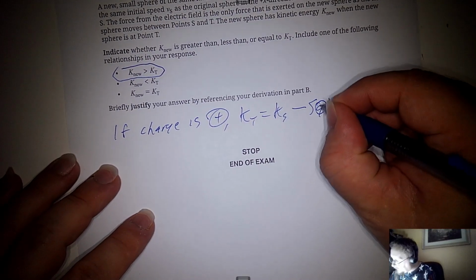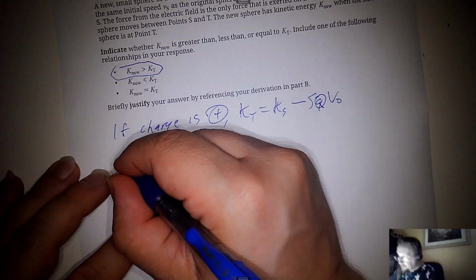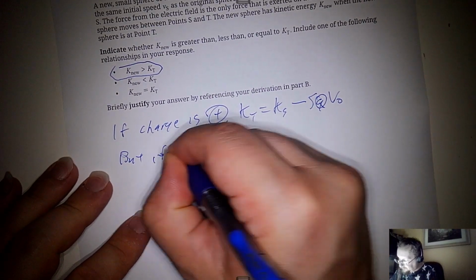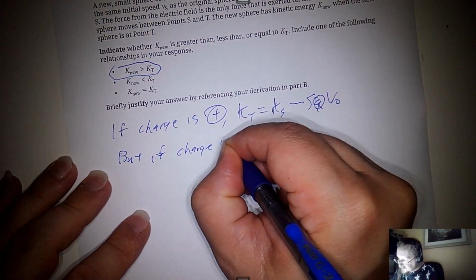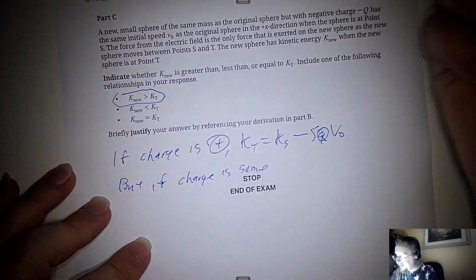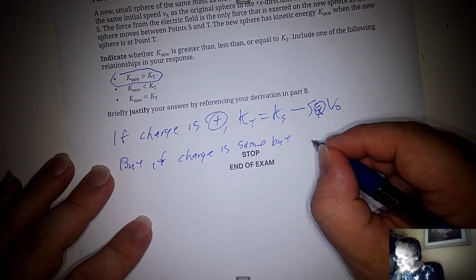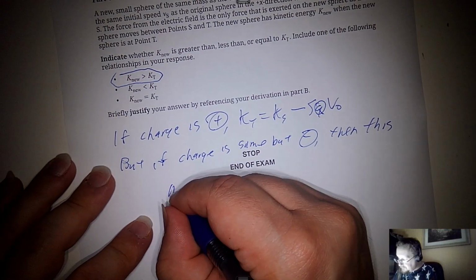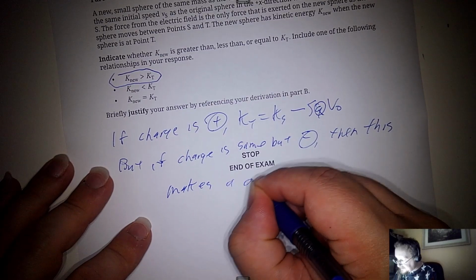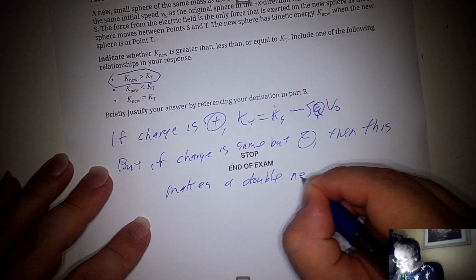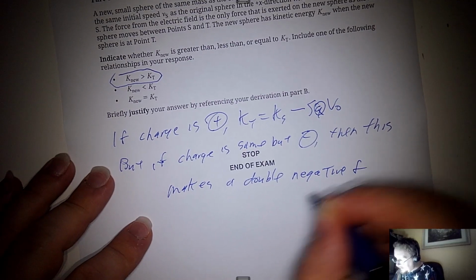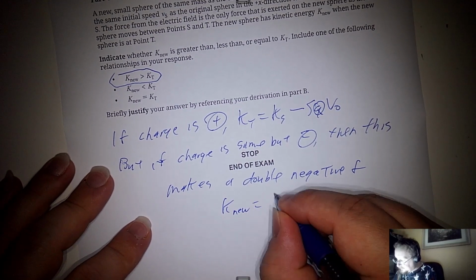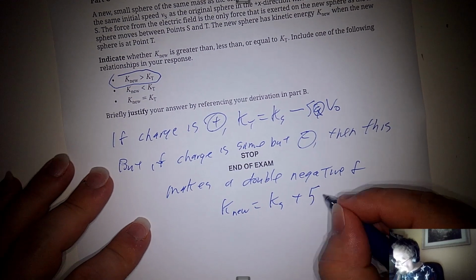Okay, QV naught. If the charge has the same mass but is negative, then this makes a double negative, and K nu equals KS plus 5QV naught.